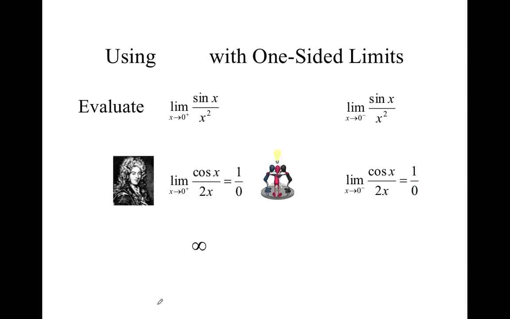Since I didn't get a number, I got opposite infinities, this function doesn't have a hole at 0. What does it have? You just justified using calculus, not a calculator, not math. You just proved the existence of what?